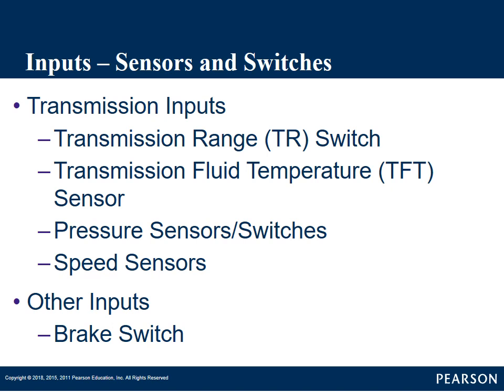Our transmission inputs: we have what we call a transmission range switch, a transmission fluid temperature sensor, pressure sensors or switches, and then speed sensors. And we'll go into each of these in a little more depth.